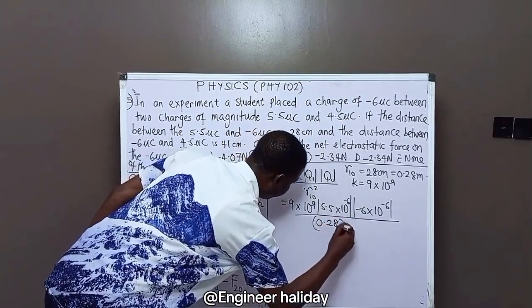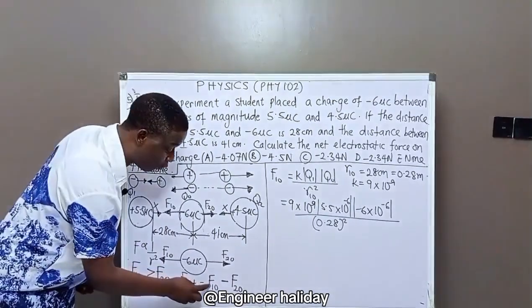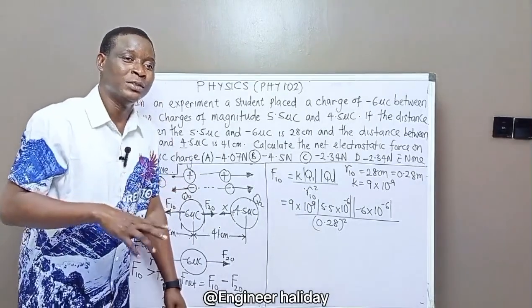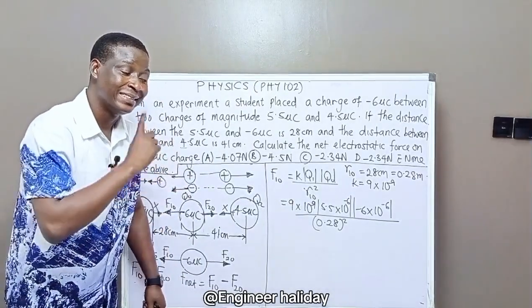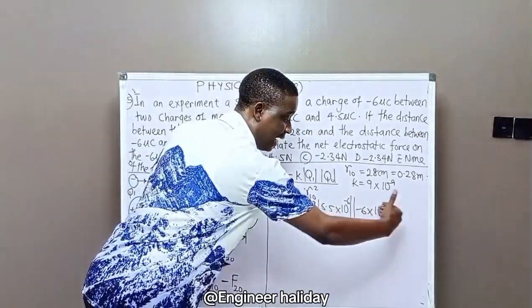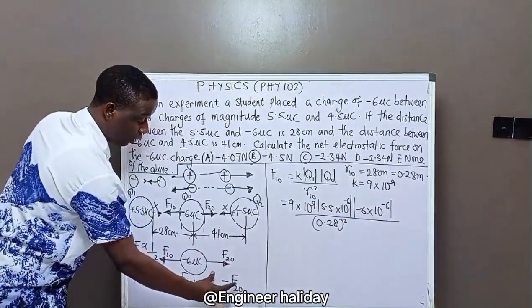0.28 all square. Now, please don't forget that when you are solving for F10 and F20, they must be in magnitude. Don't make use of their negative sign. That's why we take absolute of this, so that our answer here will not be negative.